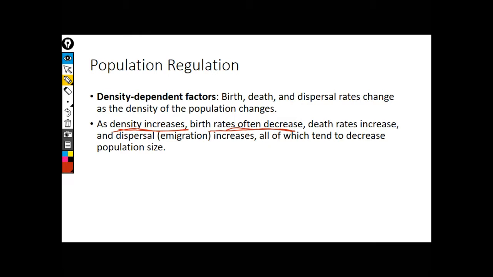Certainly and intuitively, death rates increase. With more individuals around, more individuals get eaten. It's easier to pick them off, predators can find them easier, it's harder to run away, you bump into people. There's less food to go around, so you have to ration it more.